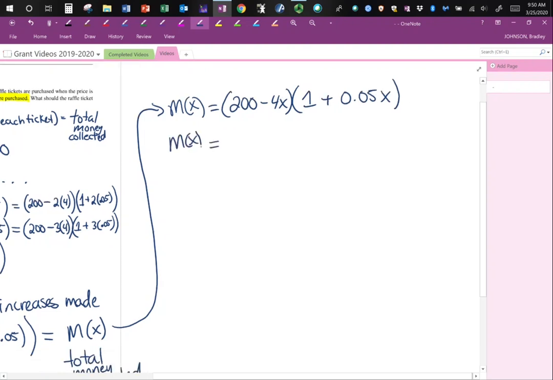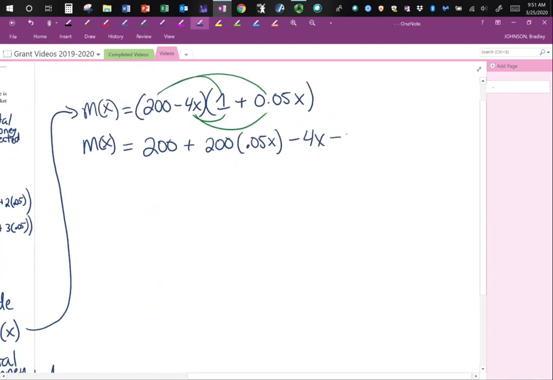Next, let's FOIL this out. So remember our foiling. Multiply, multiply, multiply, multiply. So we'd have 200 plus 200 times 0.05x minus 4x times 1 minus 4x times 0.05x.